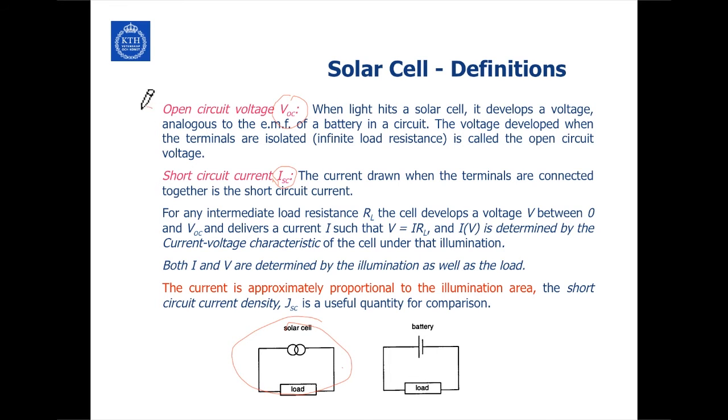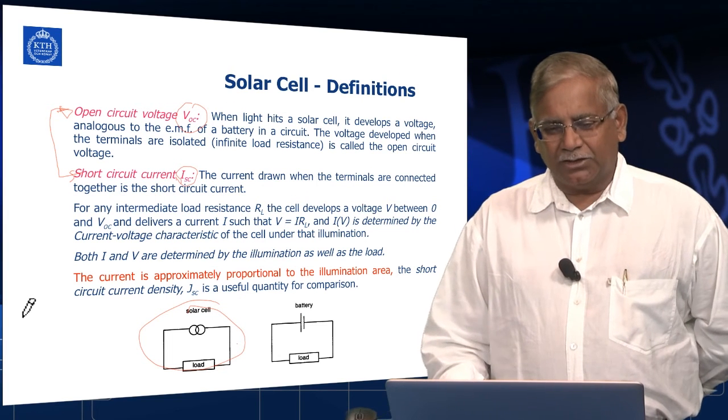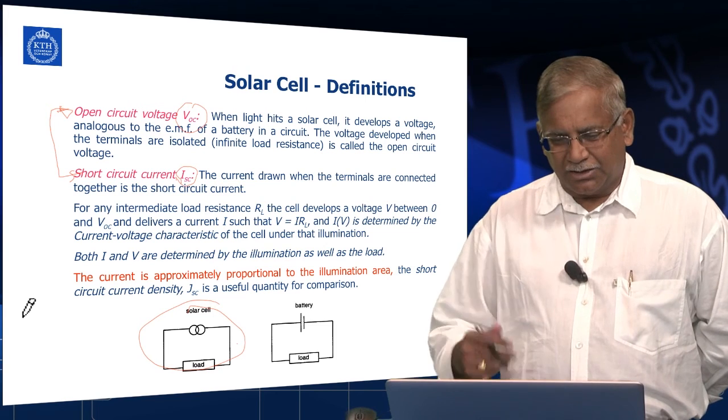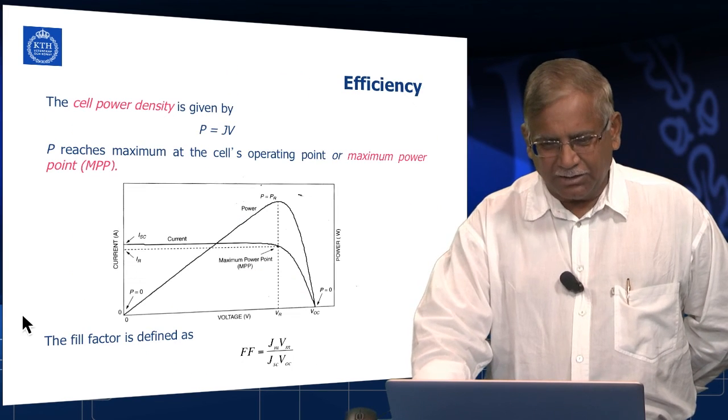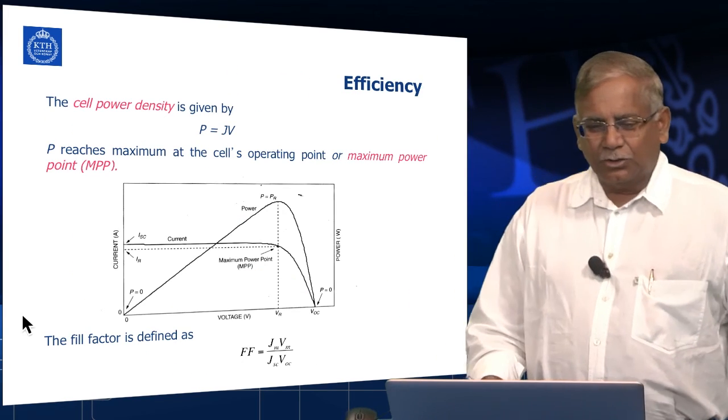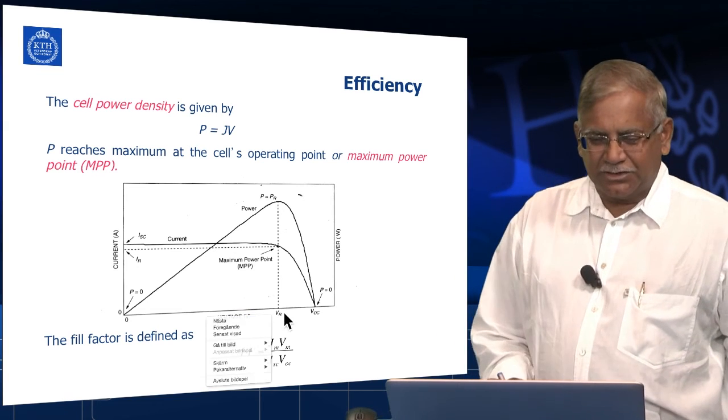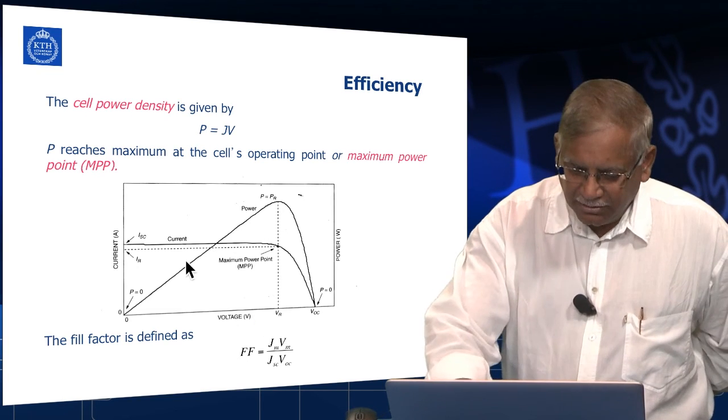These two are important, and typically they also give you the temperature at which the cell is operating and the insolation, or the radiation applied to the cell. So, when you plot this curve, which is the I versus V, which we just saw.